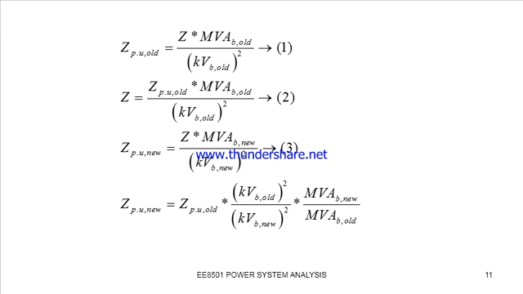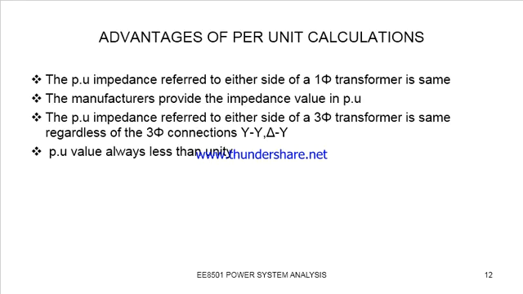This is the first equation. From the first equation you can find out the value for Z. Let it be 2. For the third equation, instead of old in the first equation, we are going to have new. Here, the second equation can be substituted in the third equation. The Z value has to be substituted. Obviously, we will get Z per unit new is equal to Z per unit old into kVb old whole square by kVb new whole square into MVAB new by MVAB old.